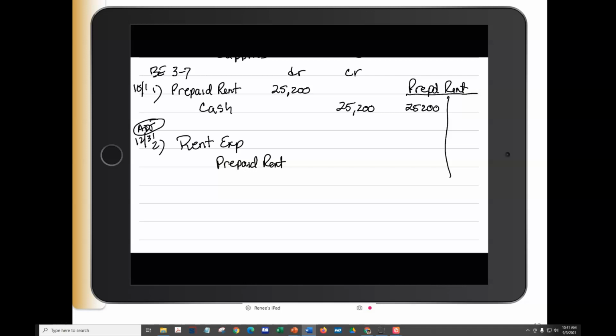Don't say 2 months, because you have to look at it and go, well, the whole month of October, the whole month of November, and the whole month of December. 1, 2, 3. That's 3 months, or $6,300. And we will post $6,300 to the prepaid rent account, leaving $18,900 in that account.